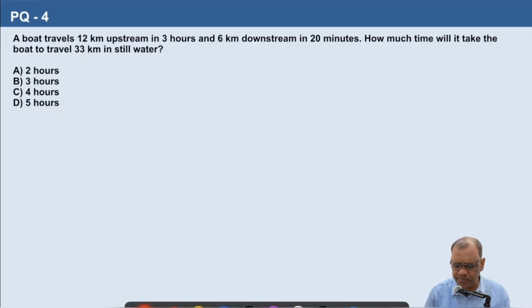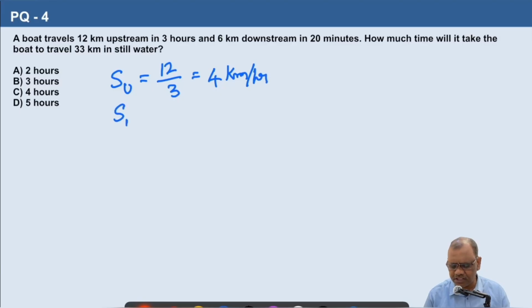So speed in upstream, distance by time. So that is 4 kilometers per hour. Similarly, downstream speed is 6 kilometers by the time, which is 20 minutes. 20 minutes we have to convert into hours, so divide that by 60.